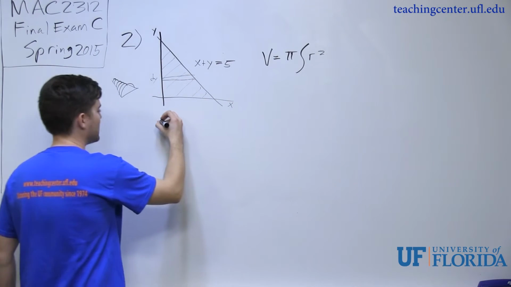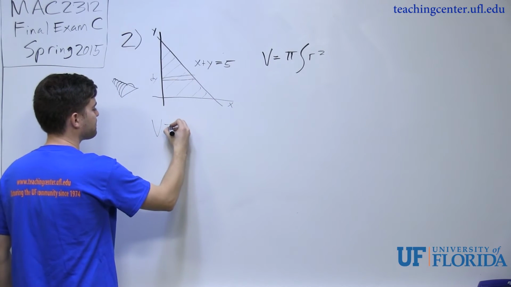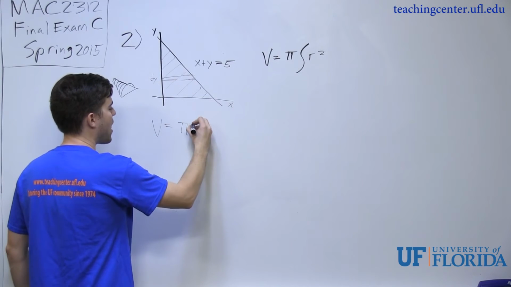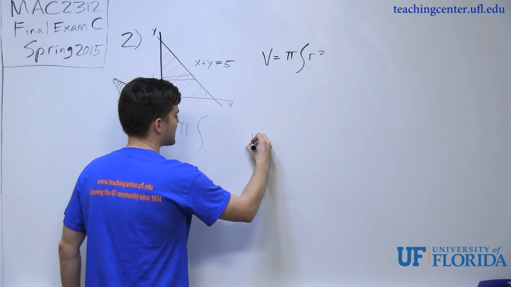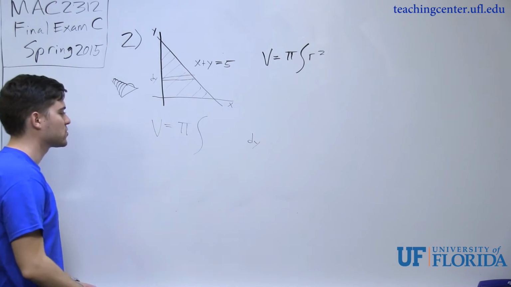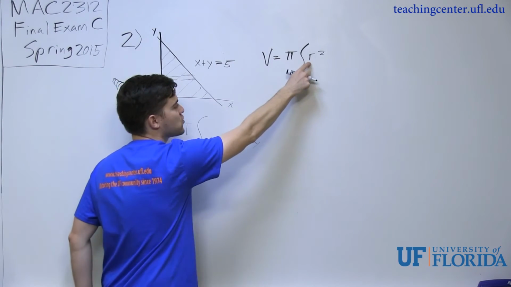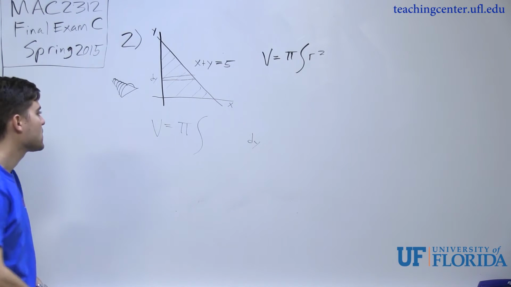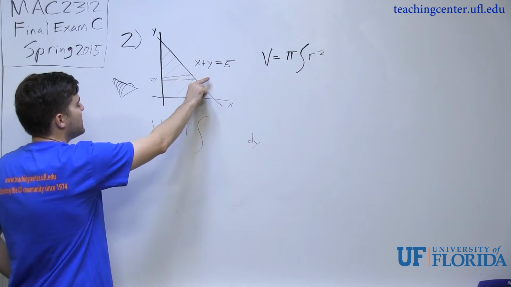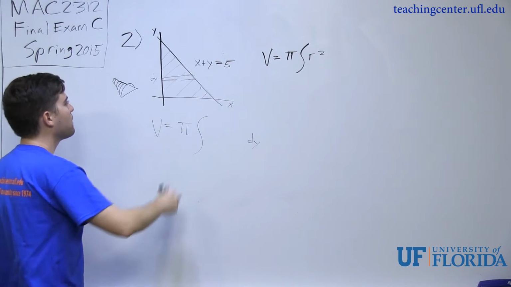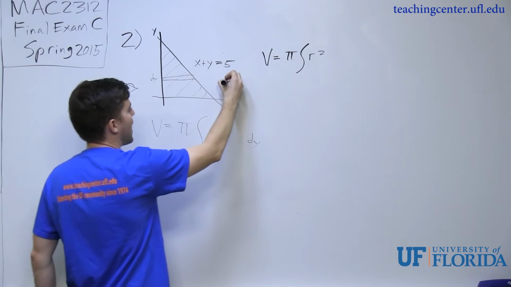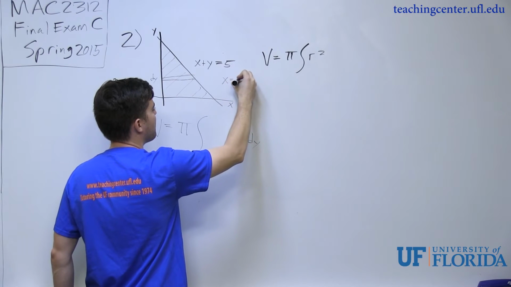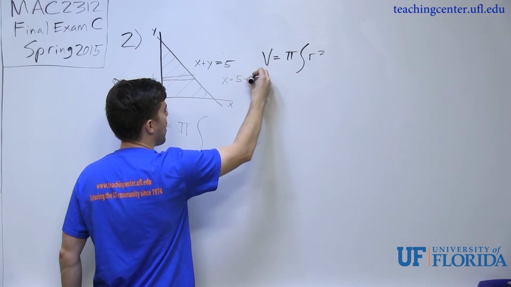So I can go ahead and start writing my equation out. I have pi integral. Now I know my radius in this case is going to have a dy. So now I just need to figure out what that r squared value is going to be. The distance across of this triangle, if I need it in terms of y, I would need x equals 5 minus y.